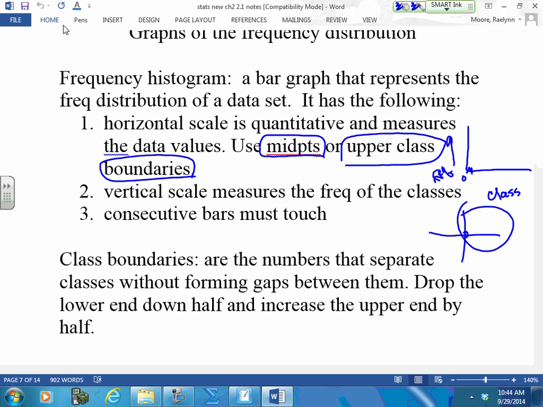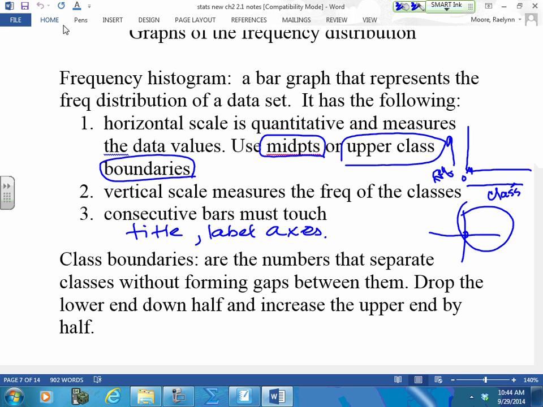This still starts at 0. Generally, your frequency goes from 0 to whatever the highest happens to be, but this doesn't always. So we put a little cut in your graph rather than have that wasted space. Okay? And remember also, you need a title. Every graph needs a title and label all axes.